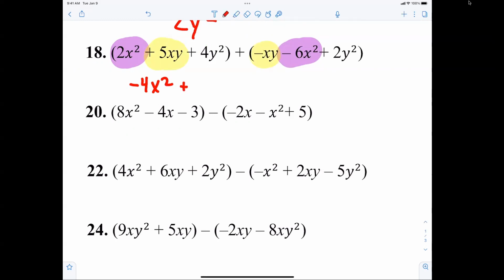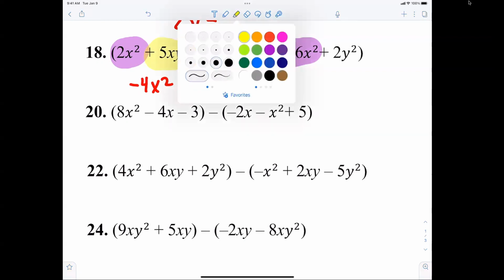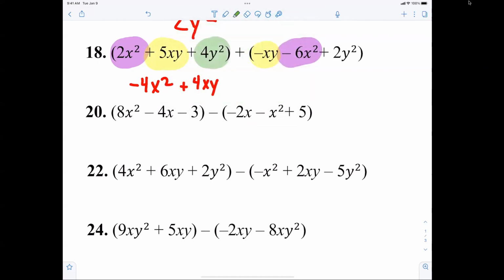Why are you wanting to say y squared? What is it? 4xy. Okay, now what? 6y. Do you add exponents?